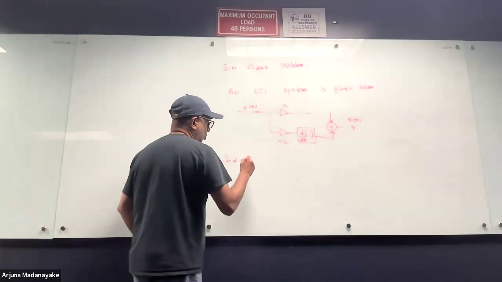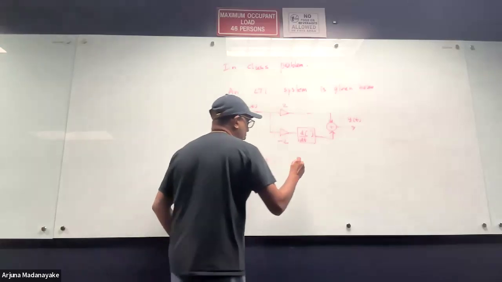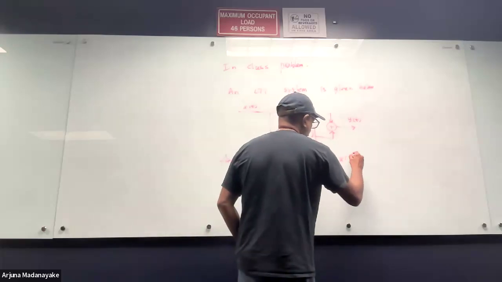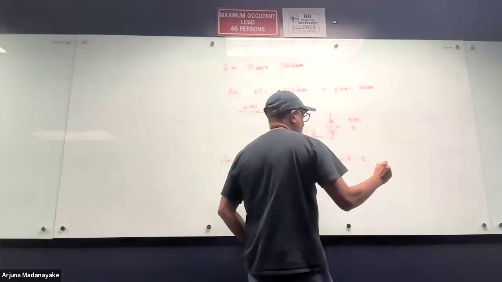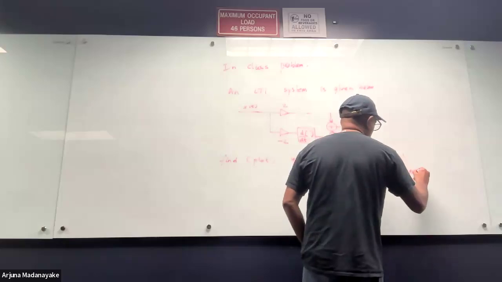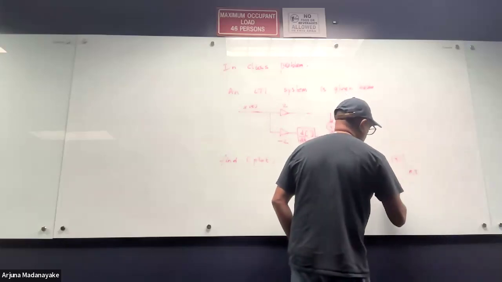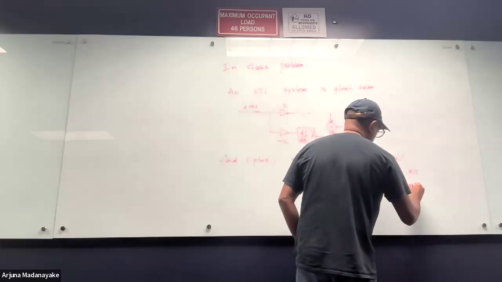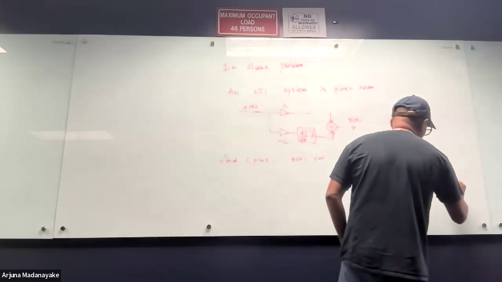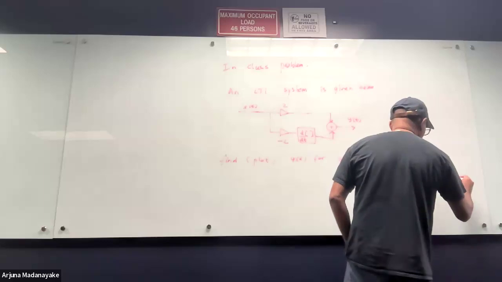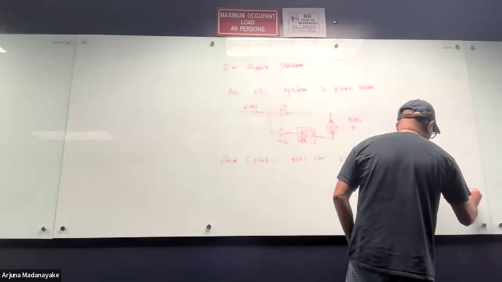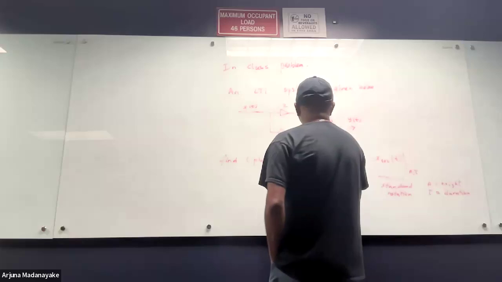Find or say plot y of t for x of t is equal to x rect t, standard notation. So A is height.